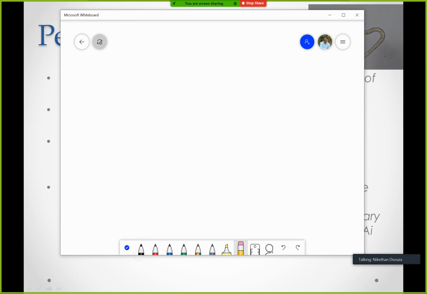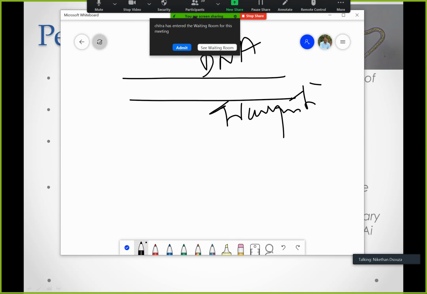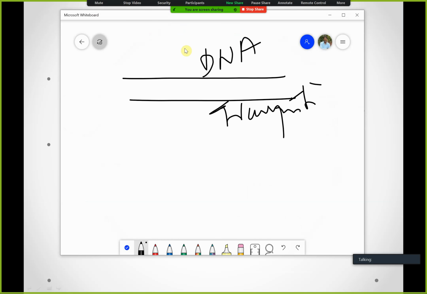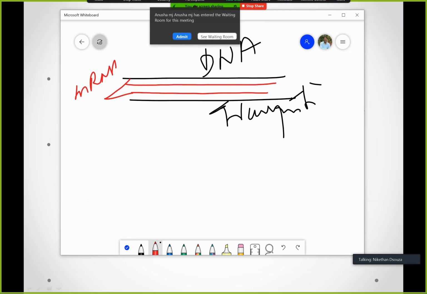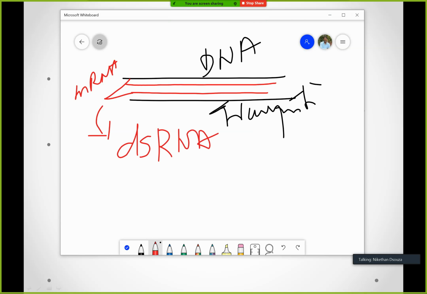When this DNA undergoes transcription, the main aim of the transcription is to produce mRNA on both the strands, making this RNA double-stranded RNA.